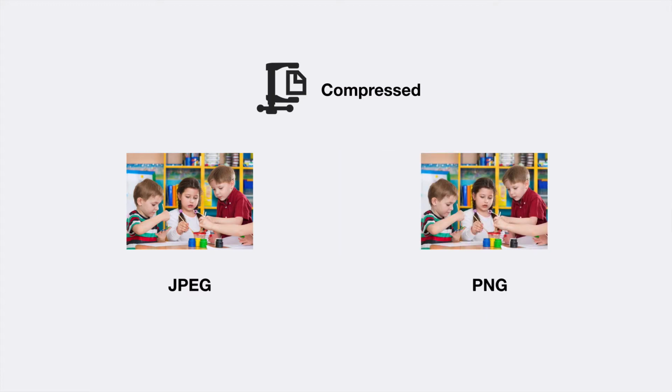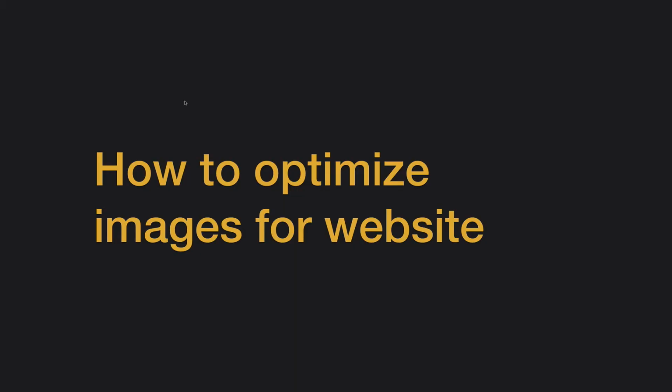Between JPEG and PNG, one big difference is that JPEG has a white background, whereas PNG supports transparency. So if you're using logos on your website, you should use PNG so that it supports transparency.